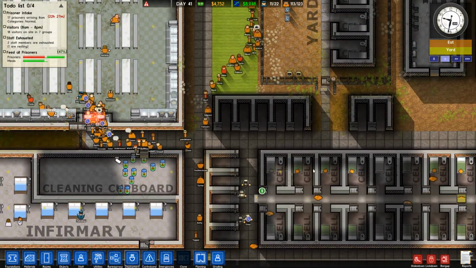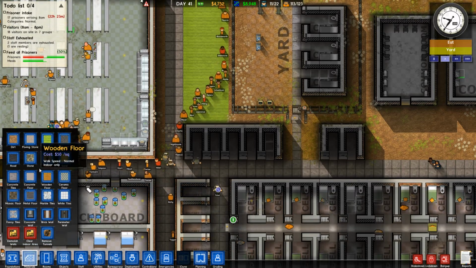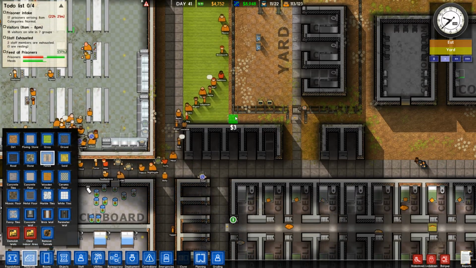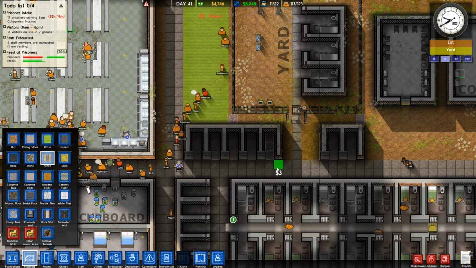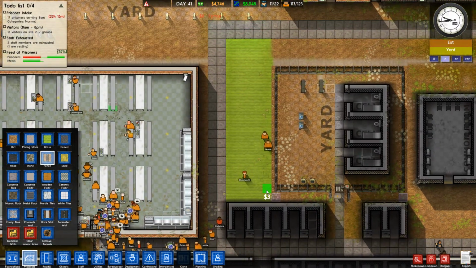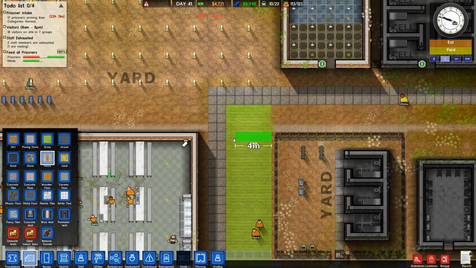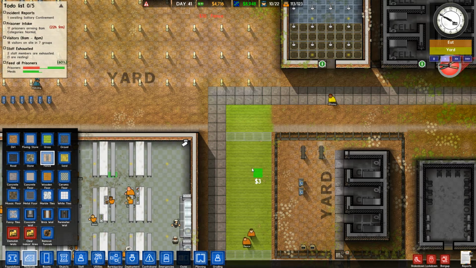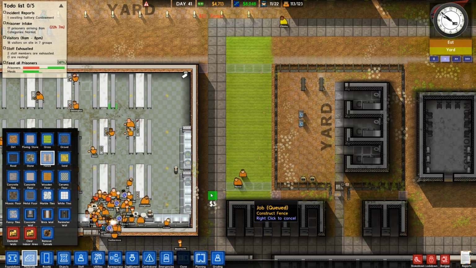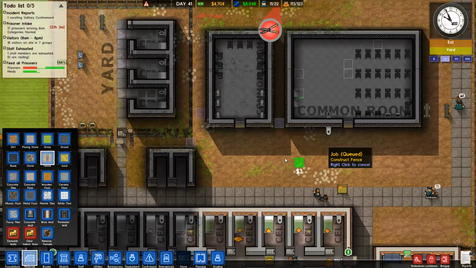How could I go about doing that? First off, I need to really control the flow of prisoners. So put a fence there. Put a fence there. This is a no-go zone.